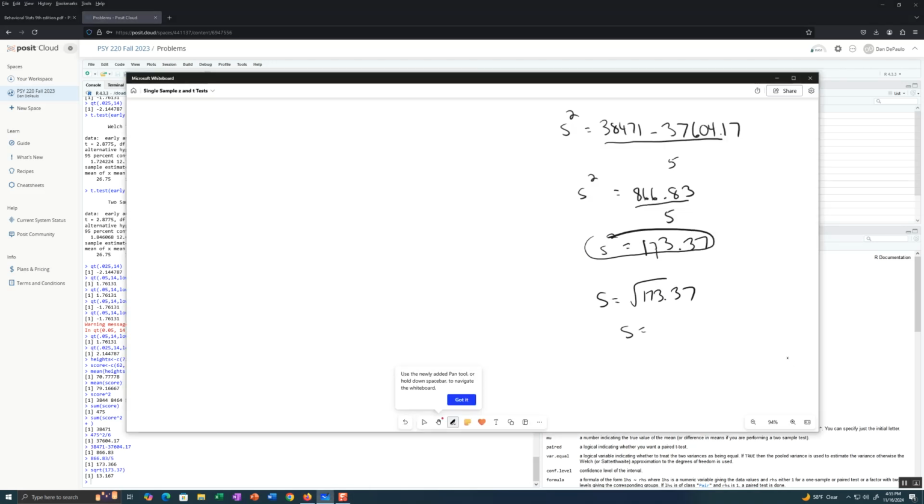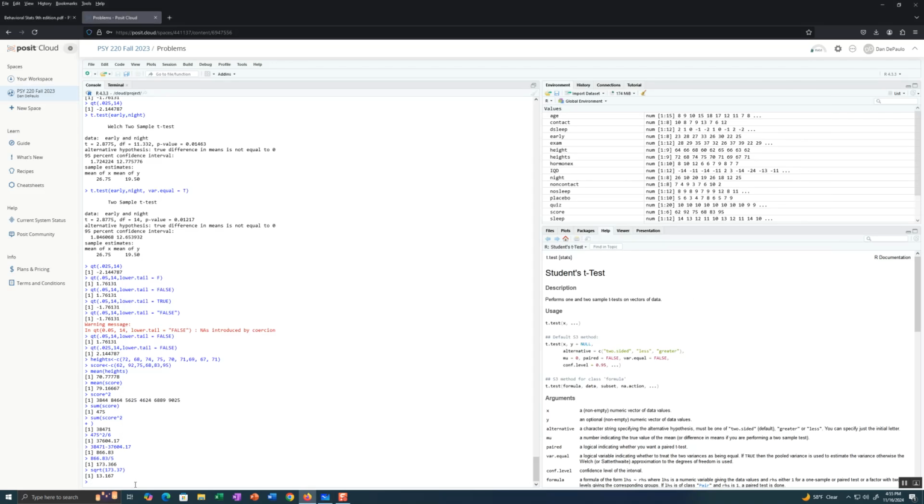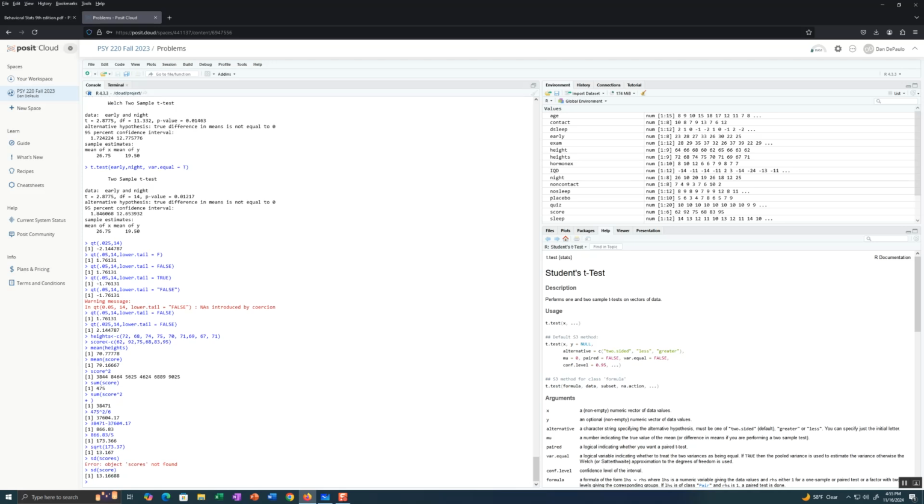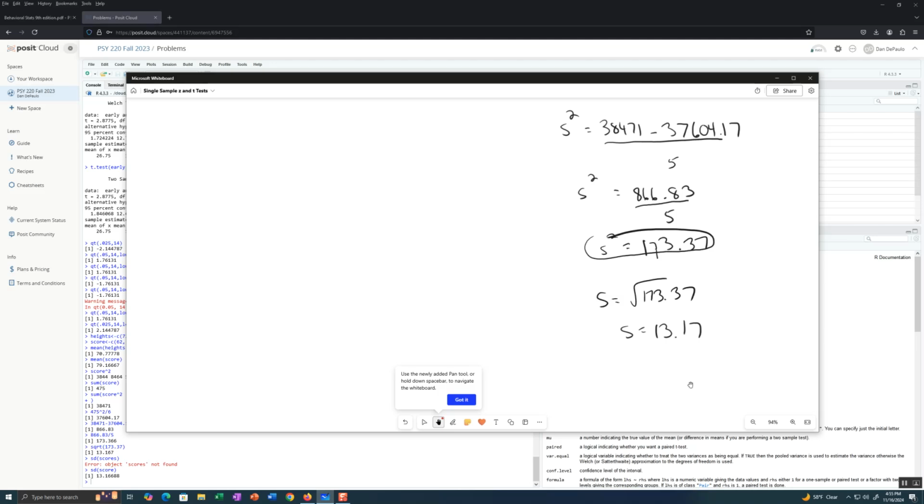Now we're just going to check. And that's exactly what R gives me when I check it. Okay, so we're good. So that's our S, 13.17.